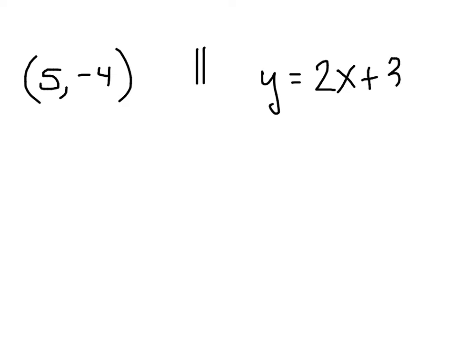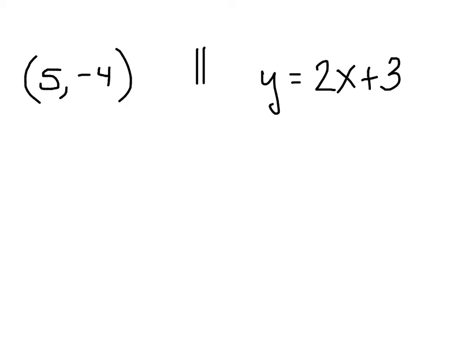Now, what's going to happen with this problem? It says, write an equation of a line that is parallel to your given line. So with the given line, here's what you need to do. You need to steal something from it. You need to take something away from it. For the line that they give us, y equals 2x plus 3, what is the slope of that line?